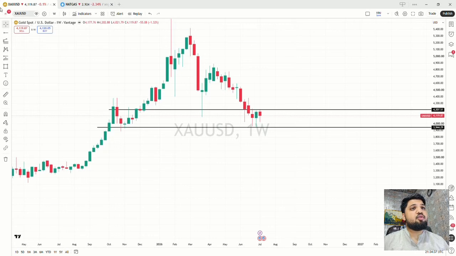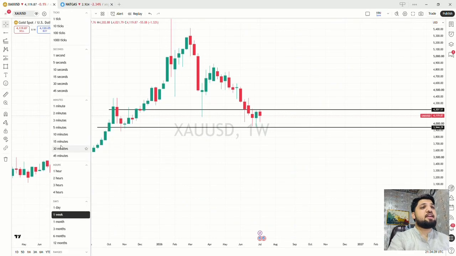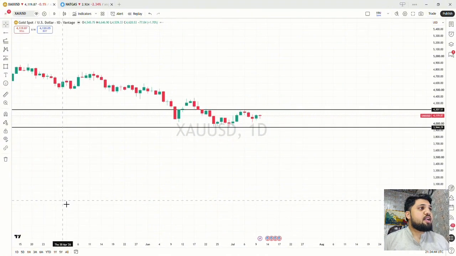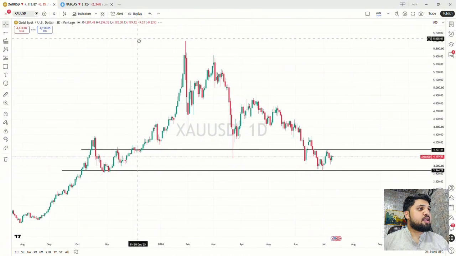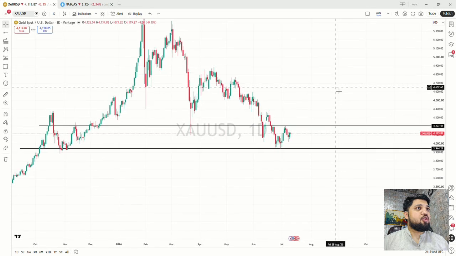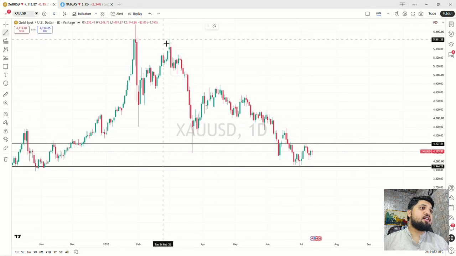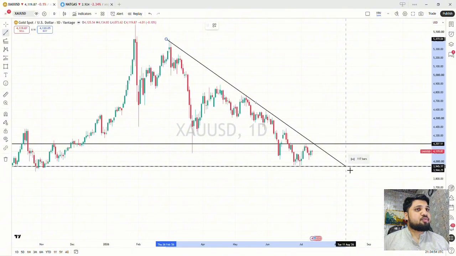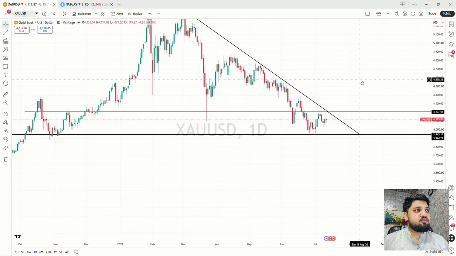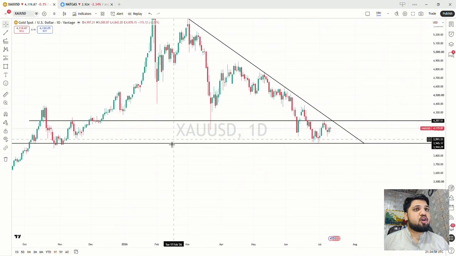So let's move to the 1 day time frame. So this is the daily time frame. In the daily time frame you can simply analyze a trend line that we can draw from upper area to upper area, just like that. This is also a support here.